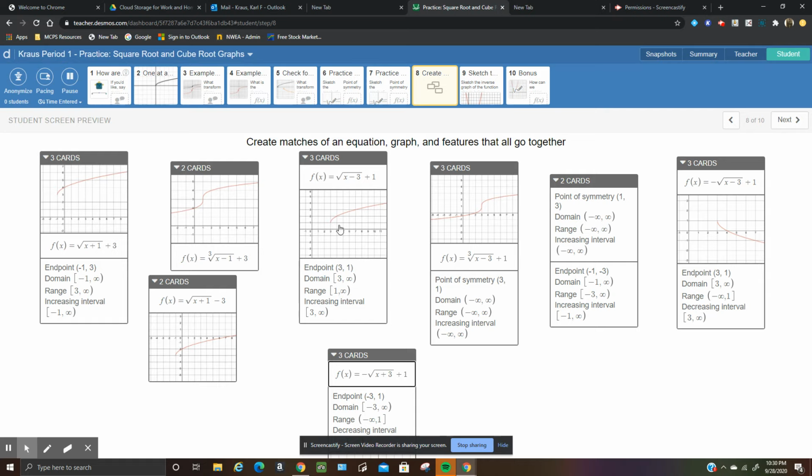Here are the endpoints 3, 1, domain 3 to infinity, range 1 to infinity, and increasing 3 to infinity. This one's a cube root. The point of symmetry 3, 1, domain -infinity to positive infinity, range same, increasing, same. It's always increasing. And then let's see this one. 1, 3.